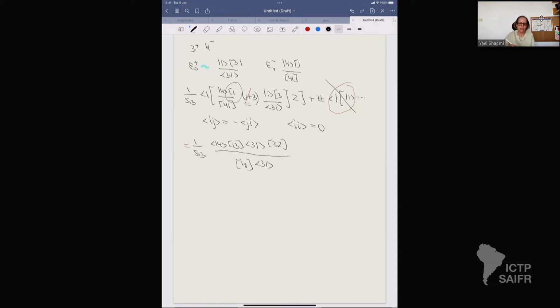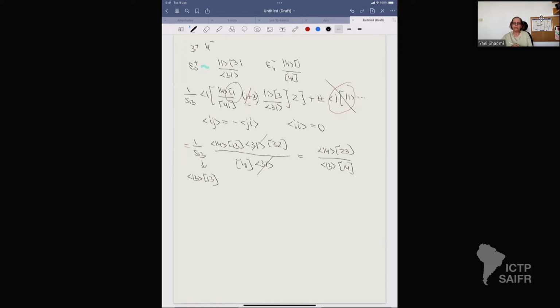So the 3, 1 cancels out. Then I also remember the fact that this S13 is equal to 1, 3 times 3, 1. And so things just simplify and we're left with 1, 4, 2, 3, 1, 3, 1, 4.